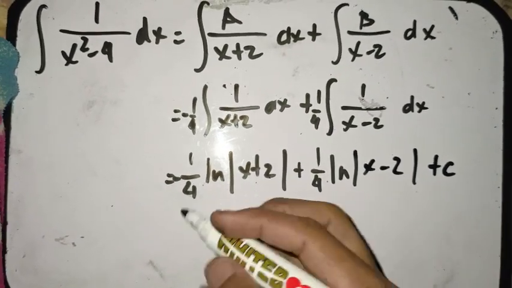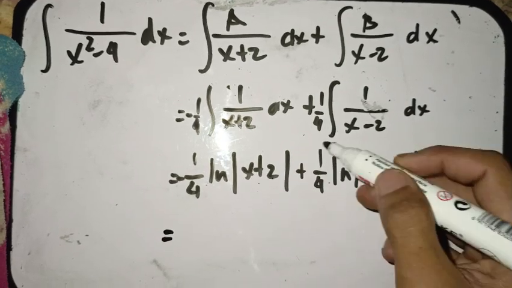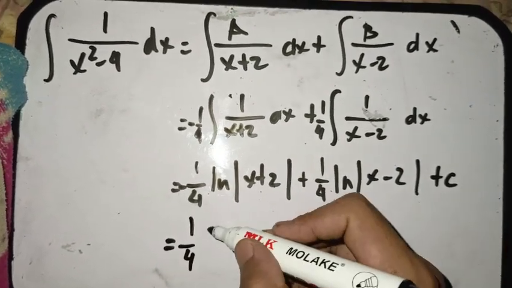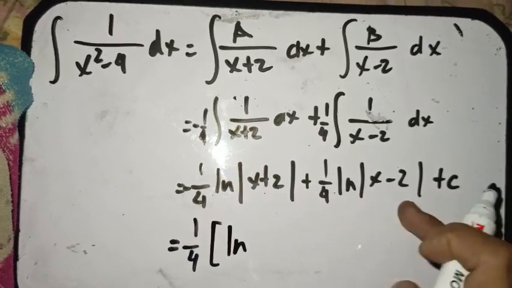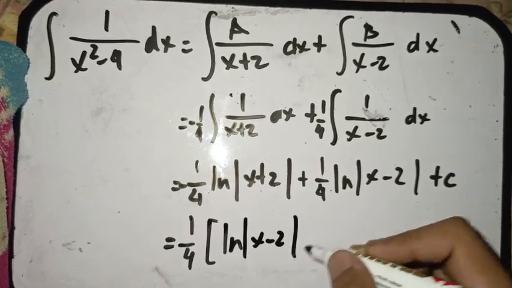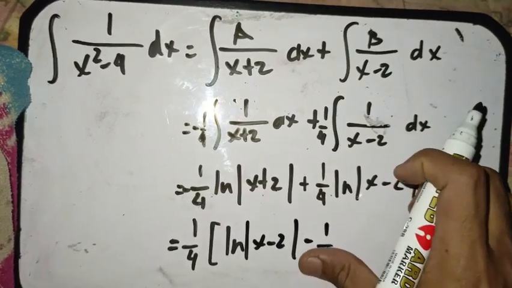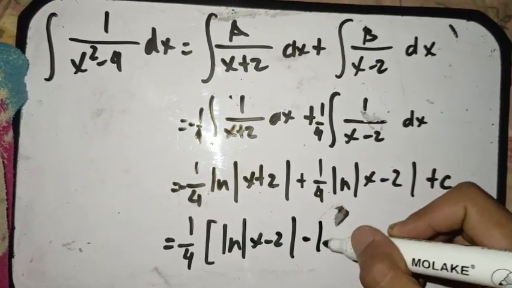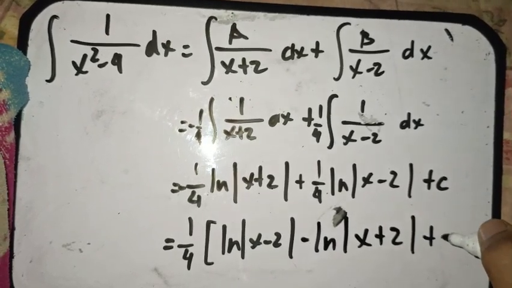Now we can factor out the 1/4. Let's put the positive 1/4 in front, with ln of x minus 2, minus the natural log of x plus 2, plus c.